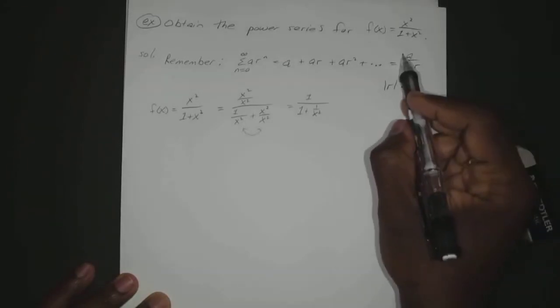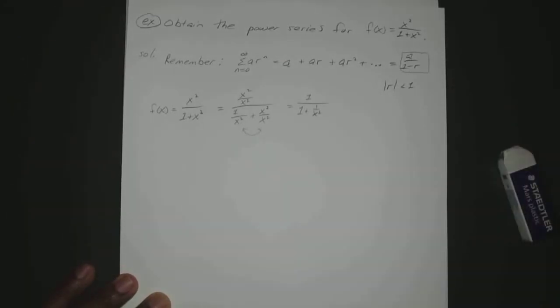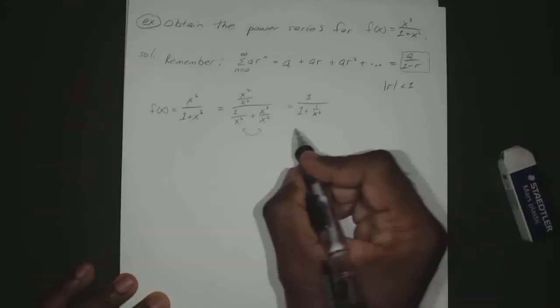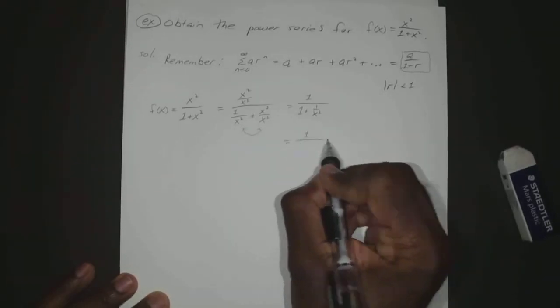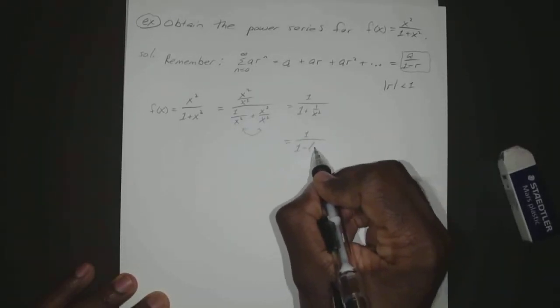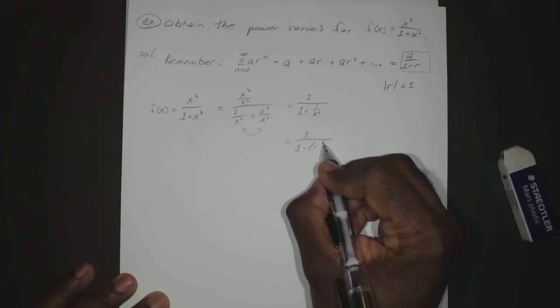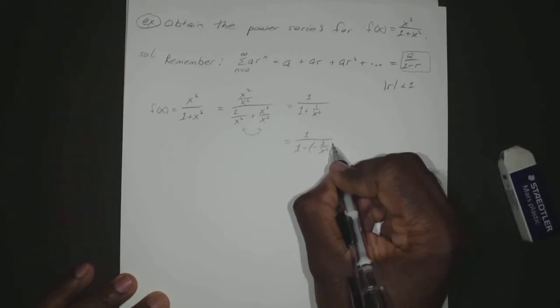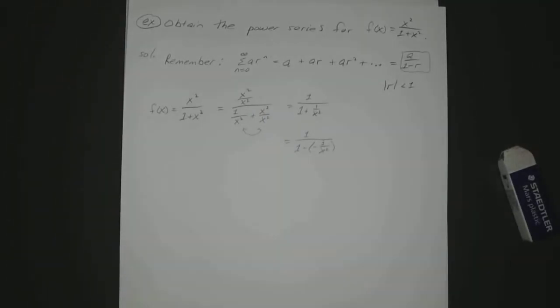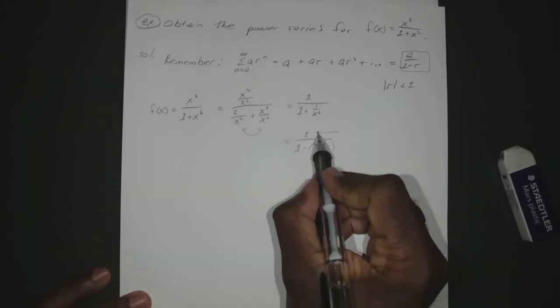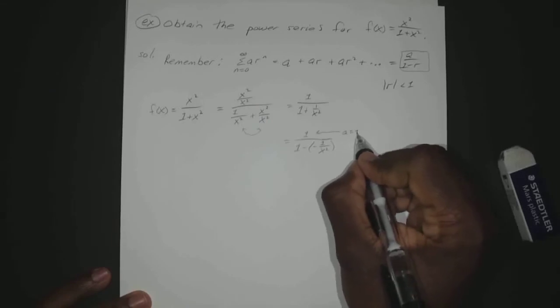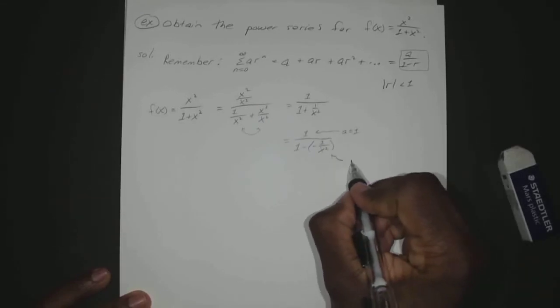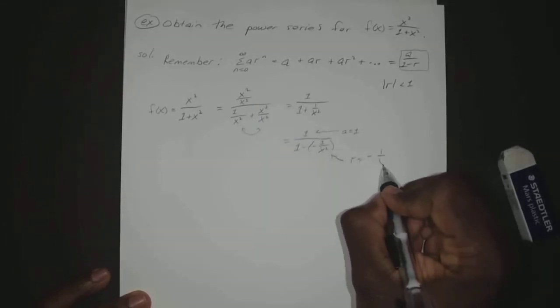Okay, but the thing is, we want to match that. So we can make that 1 over 1 minus negative 1 over x squared. Okay. So in this case, we know our a is equal to 1, and our r is equal to negative 1 over x squared.